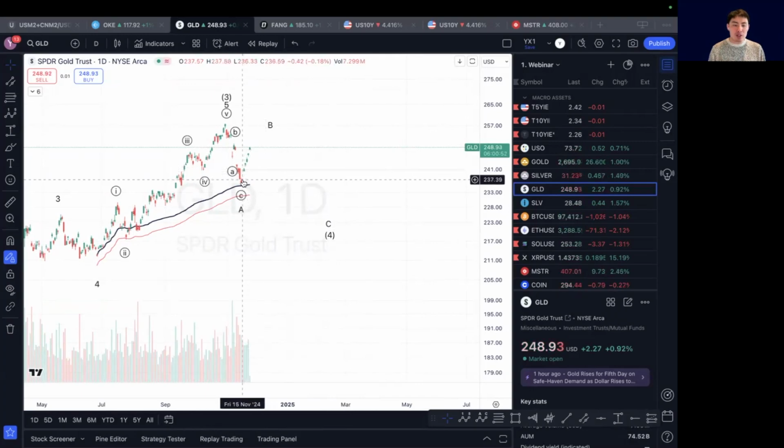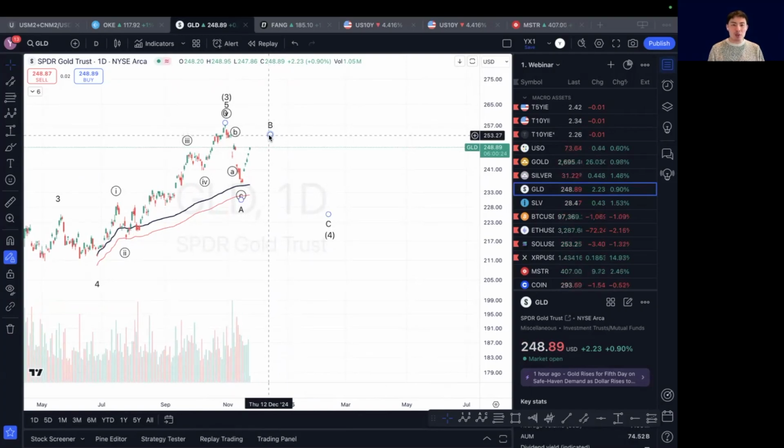Gold, GLD. Last week we actually flagged that GLD could have bottomed and could be bouncing soon, and they actually did. This is a wave B bounce. I think a wave B bounce, if it's a flat, would typically be 70 to 90% of the wave A. So I've marked here as the near-term target 253.